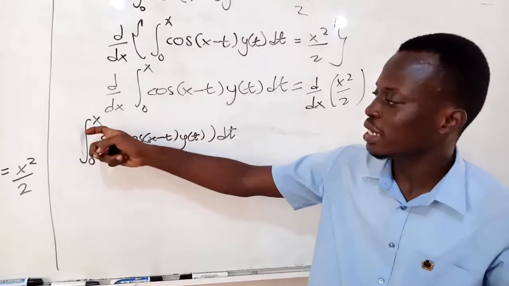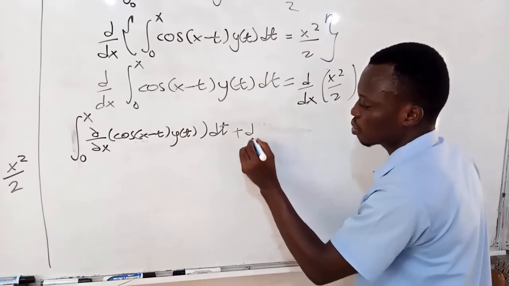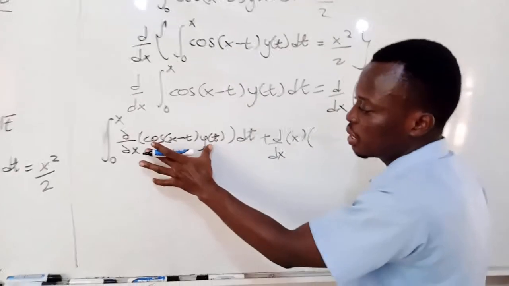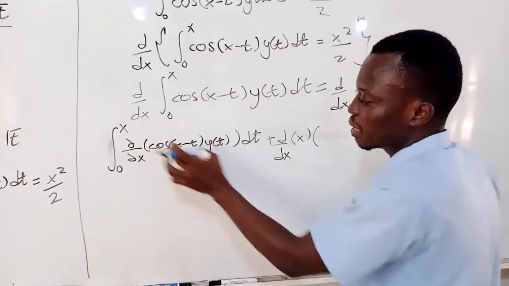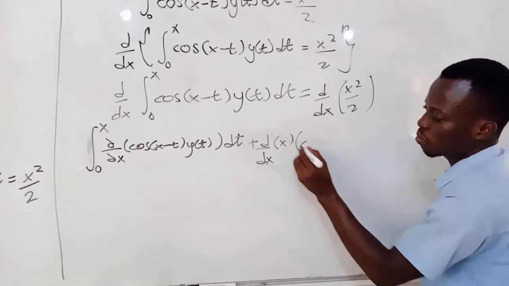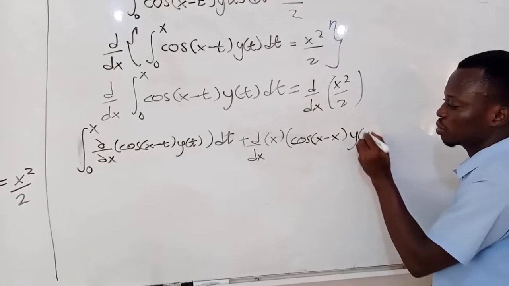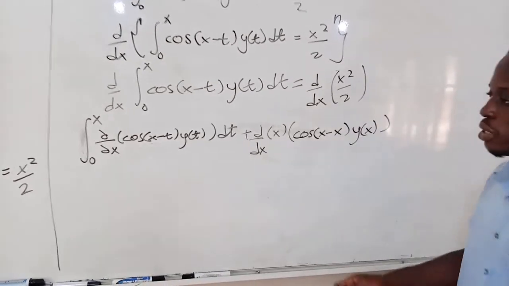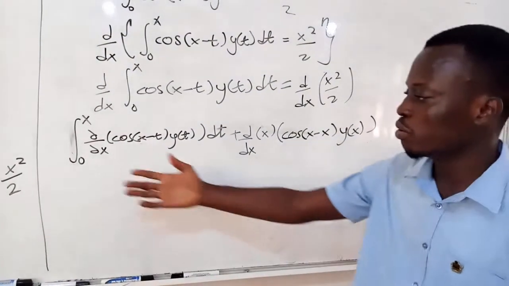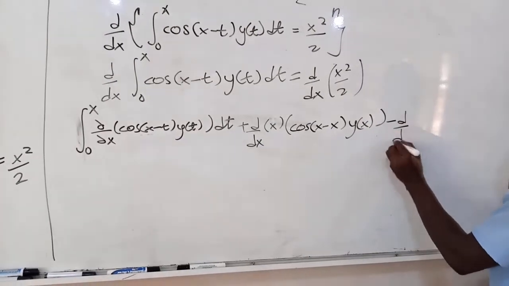After that, you differentiate the upper limit, which is s, and add it: d/ds of s, times the integrand where whenever you see t, you replace it with the upper limit, so cos(s minus s) y(s). And you differentiate the lower limit, which is 0. If you differentiate 0, you still get 0, so minus the lower limit, d/ds of 0.